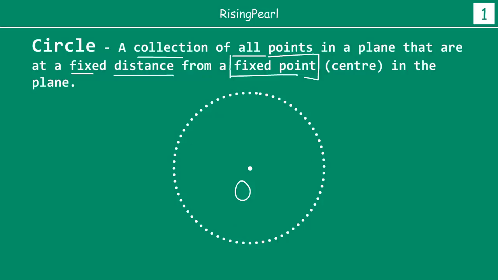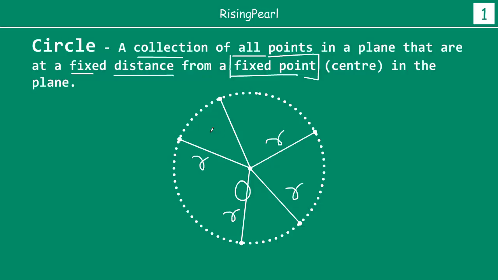In other words, if I randomly take one point on the graph and say this is r units away from this point in the middle, then if we take randomly some other points on our graph, each one of them will be the same r units away from the point in the middle.